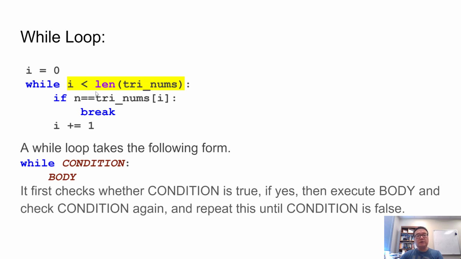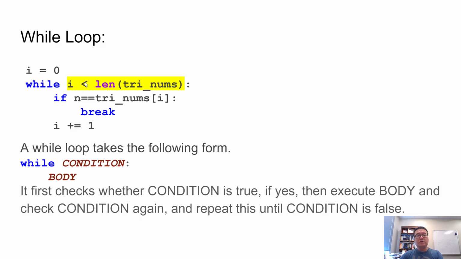In this particular problem, what we keep executing is checking whether the number equals i. Every time in the loop, we add one to the index. The while condition is that we have not reached the end of the list. Because the first element is index 0, the last element is at length of trinums minus 1.